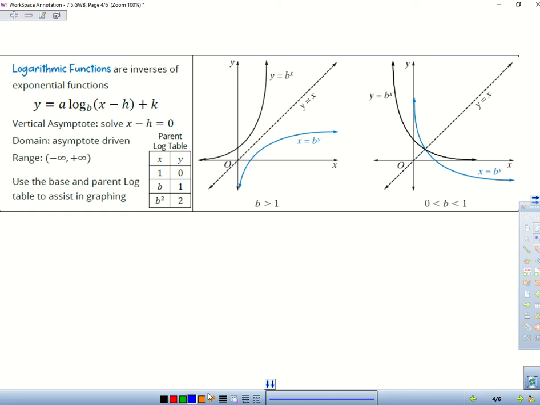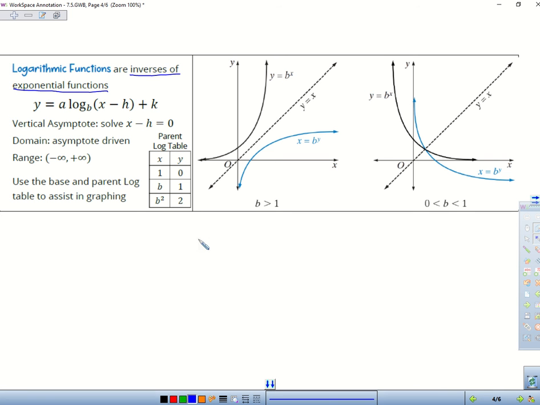So let's talk about logarithmic graphs. We learned that logs reverse exponents, right? So with that being said, logarithmic functions are inverses of exponential functions, okay? So we learned a little bit about inverses in chapter 6 or unit 6. Inverse means that those two functions are reflections over the line y equals x.